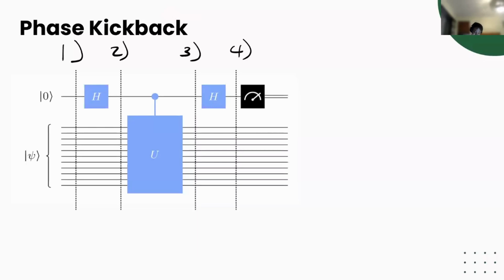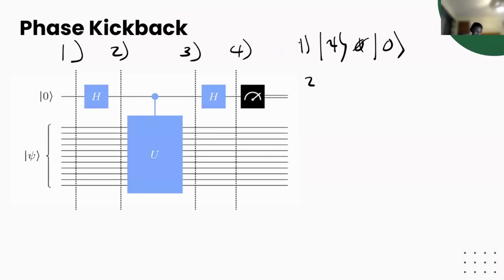So we'll start with state equals 1, where we have our eigenstate psi tensored with our initial qubit. So far so good. Nothing's happened.